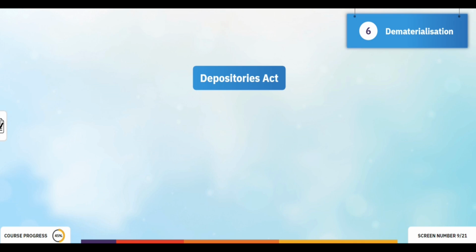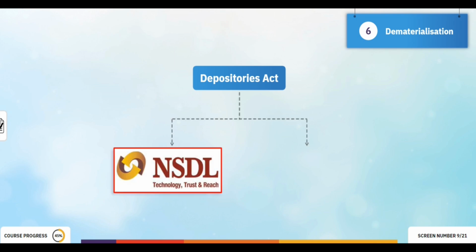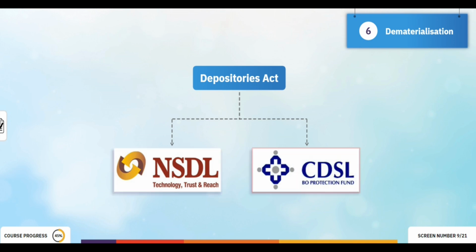To obviate these problems, the Depositories Act 1996 was passed to provide for the establishment of depositories in securities with the objective of ensuring free transferability of securities with speed and accuracy. There are two depositories in India, namely NSDL and CDSL.